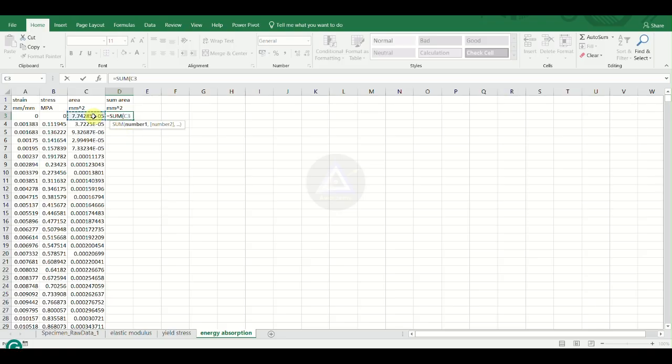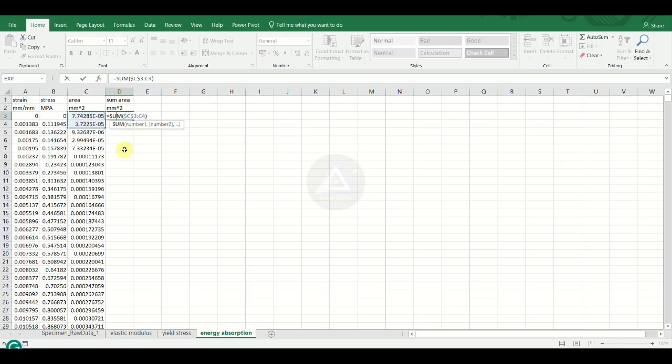From here we can make it a constant, and from here to here we are going to evaluate our sum values and make this initial value a constant. Press simply F4. Okay, then just press enter. Got it? So what we did, we selected the initial value and summed these two areas.